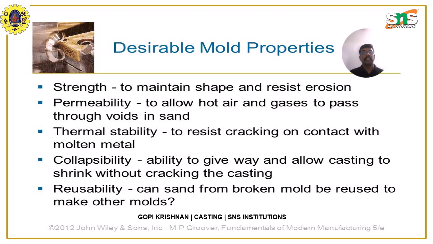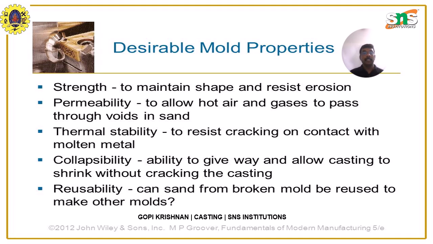We already mentioned that the molding sand which is used for the production of the casting in this manufacturing process must have certain properties. And these are the few important properties which are desirable for getting a good final output in the casting process.